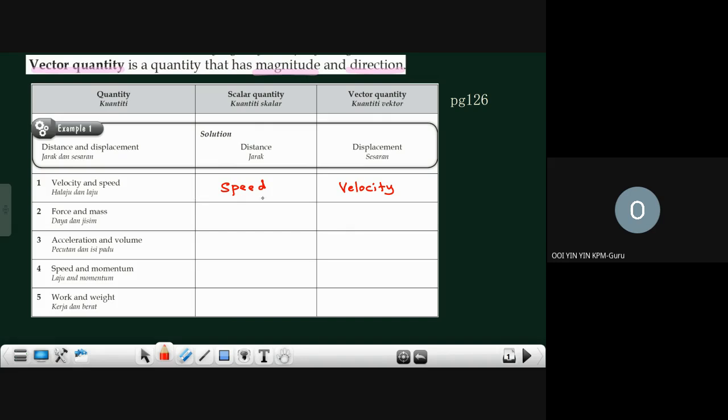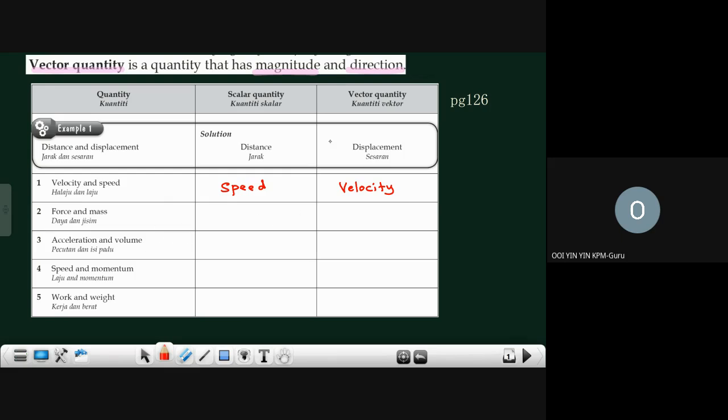Speed here is only the magnitude, like I told you, 70 kilometer per hour. And velocity is also 70 kilometer per hour, but to left, to right, to north, to south, or to west. With the direction, that's why it is a vector quantity, because it has direction.